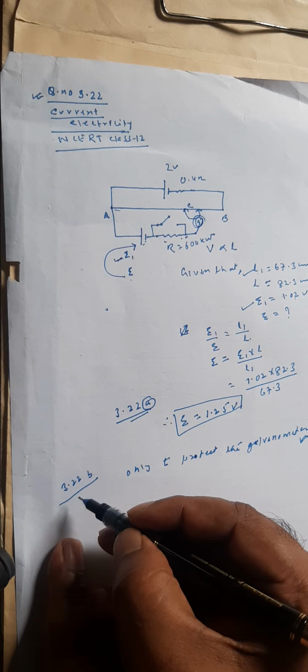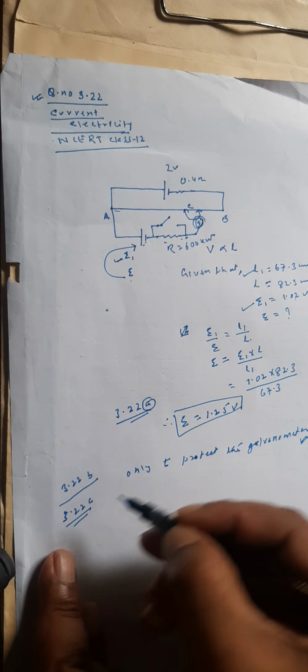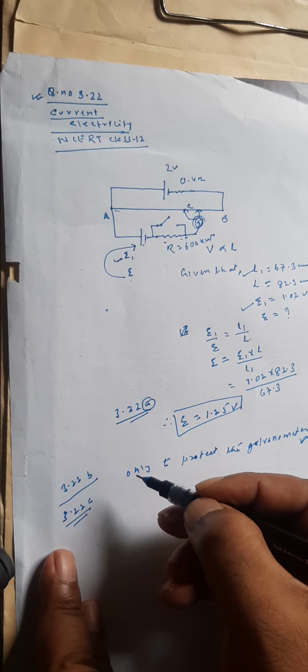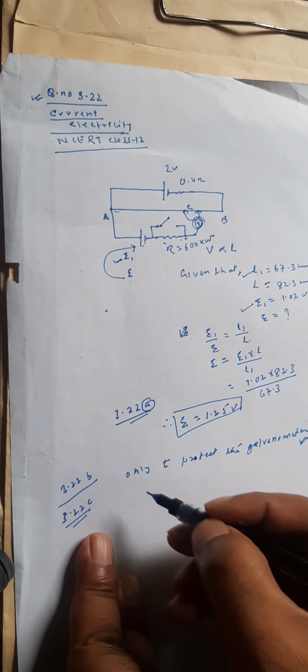Now next, 3.22C: is the balance point affected by this high resistance?